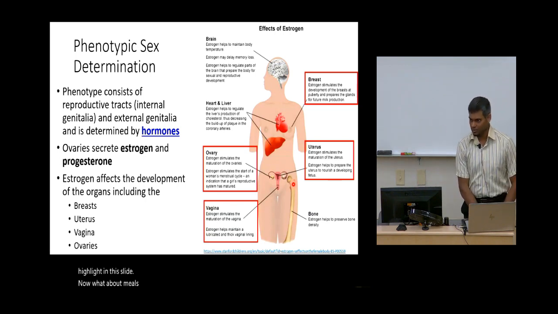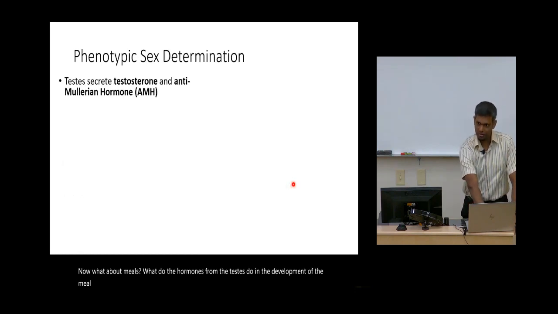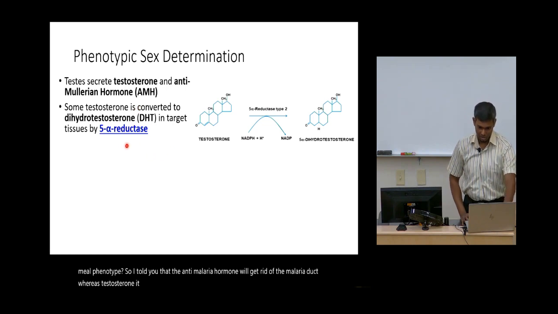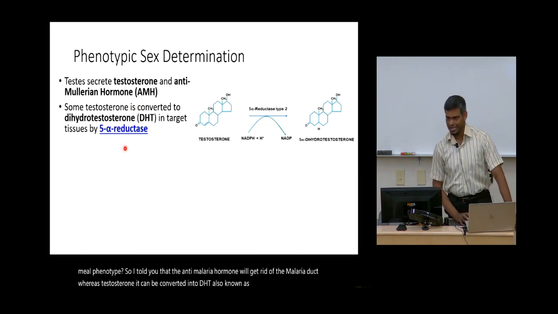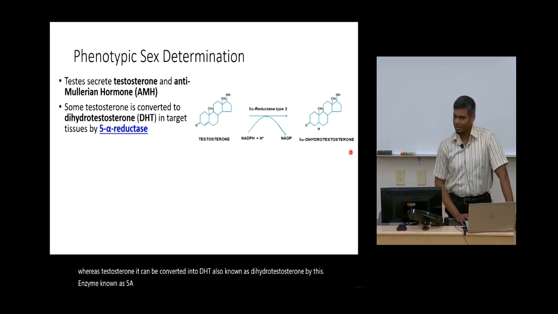Now, what about males? What do the hormones from the testes do in the development of the male phenotype? So I told you that the anti-Müllerian hormone will get rid of the Müllerian duct, whereas testosterone can be converted into DHT, also known as dihydrotestosterone, by this enzyme known as 5-alpha reductase.